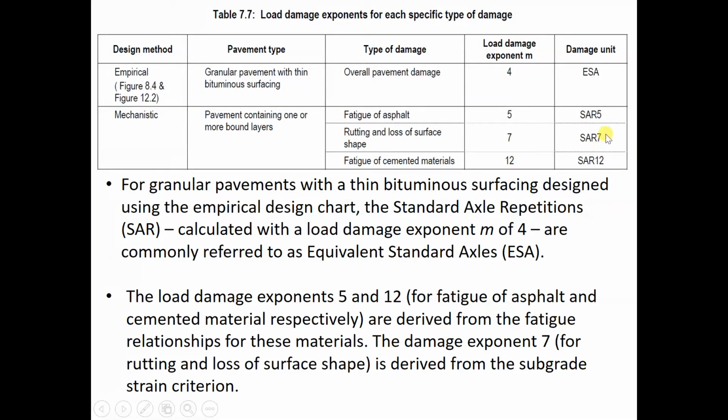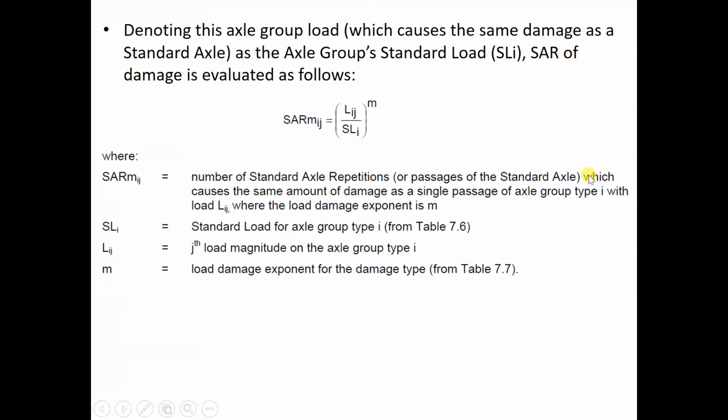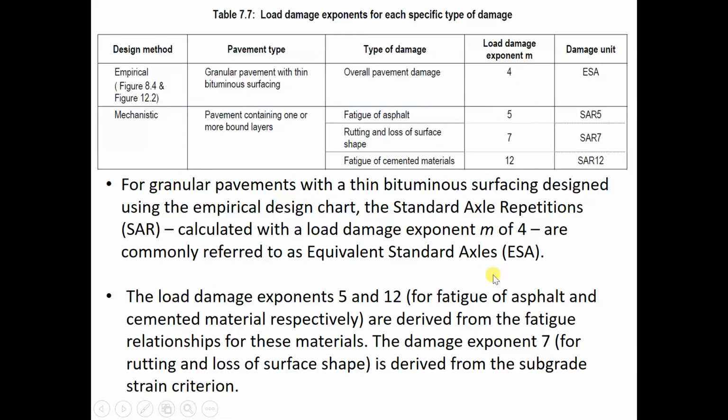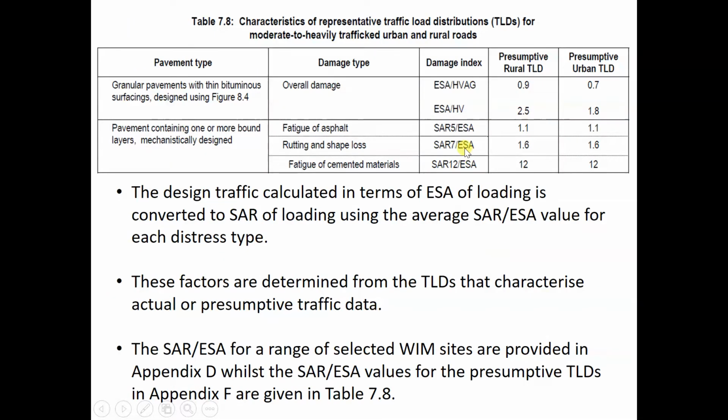So we have to find out the design SAR 5, SAR 7, SAR 12, and then the allowable SAR 5, allowable SAR 7, allowable SAR 12. These are the conversion factors, how you convert from the ESA to SAR 5, ESA to SAR 7, and ESA to SAR 12.